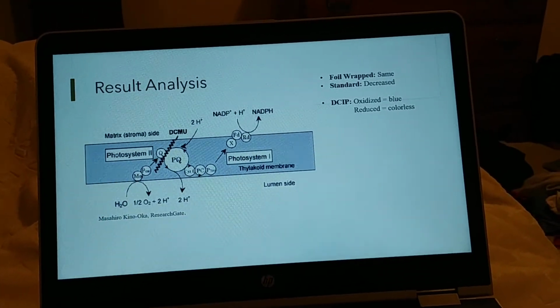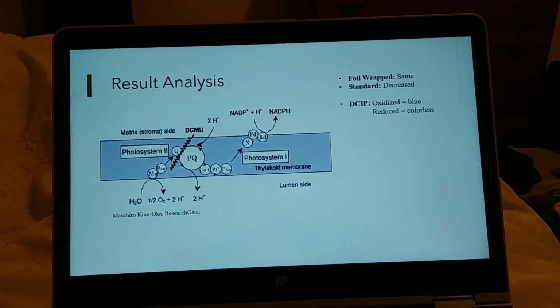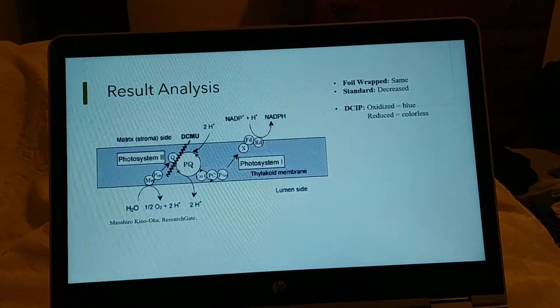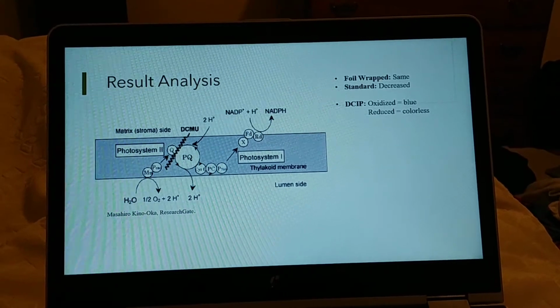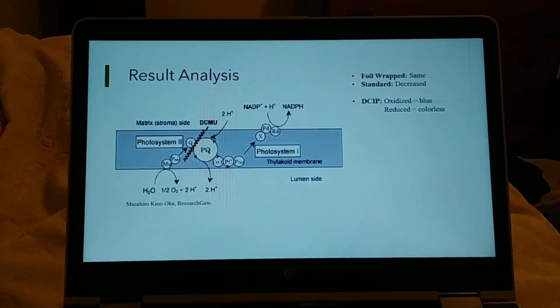or faded out of the tube, which is why the absorbance slightly decreased.